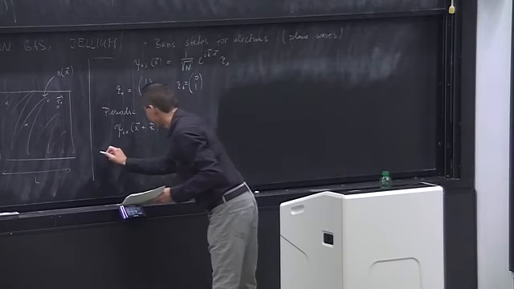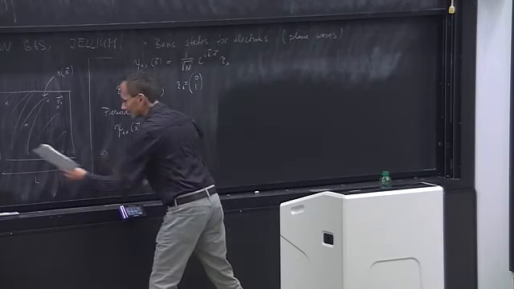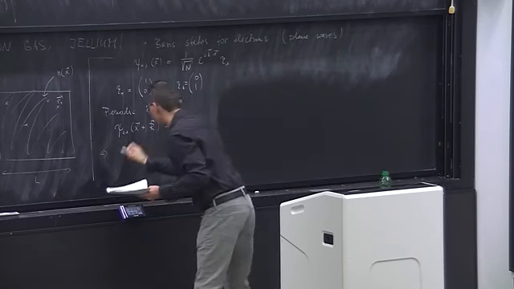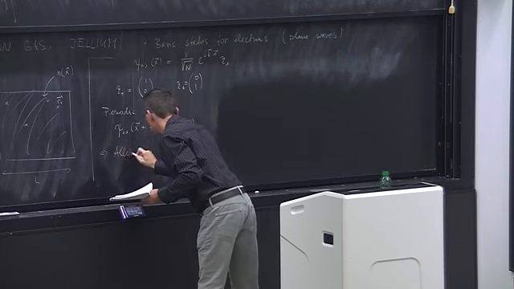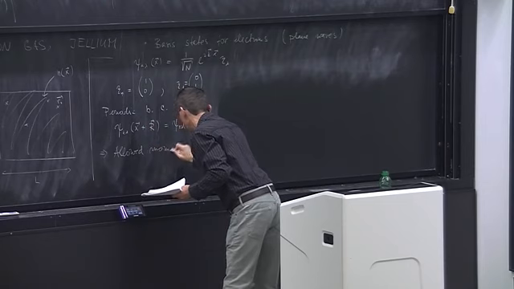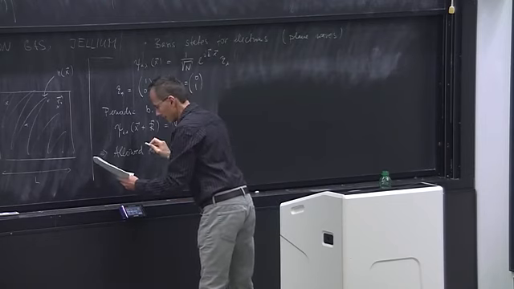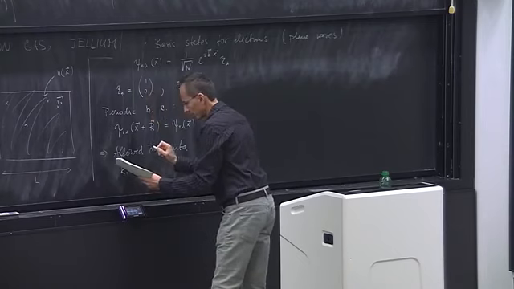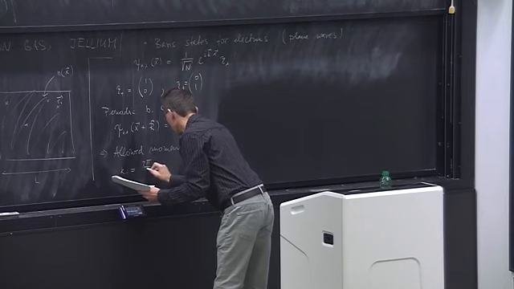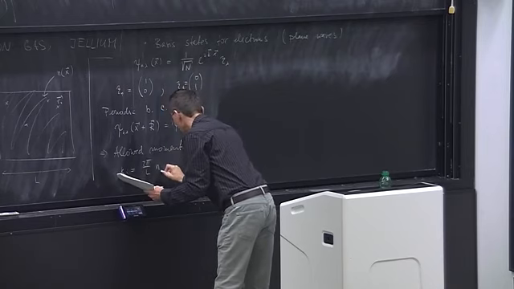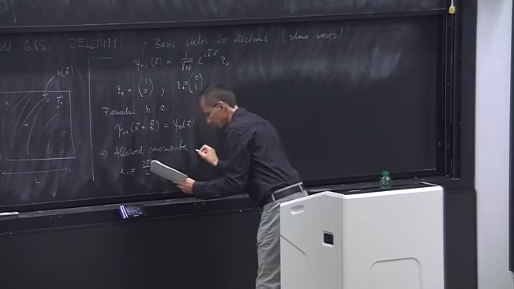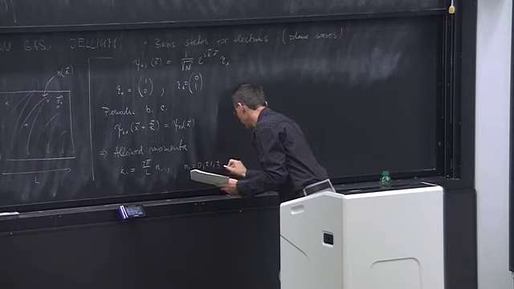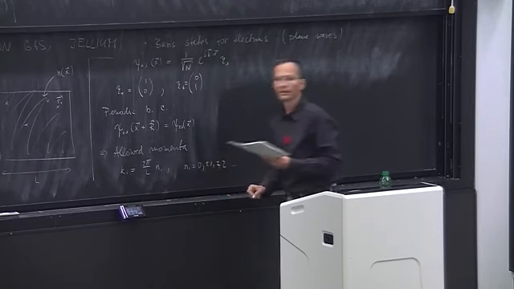And for periodic boundary conditions in a finite size L, this then puts a restriction on the allowed values of momenta. And the allowed momenta are of the following form. k_i, the three Cartesian components, are 2 pi over L times n_i, where n_i are integers 0, plus minus 1, plus minus 2, and so forth.